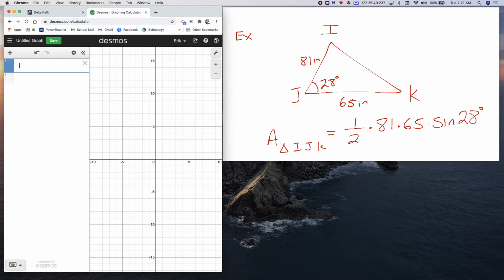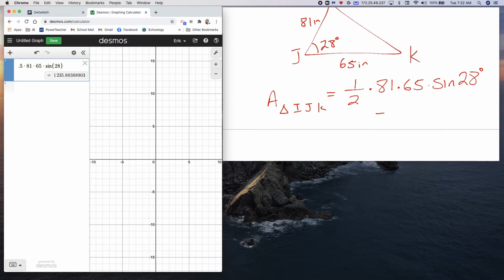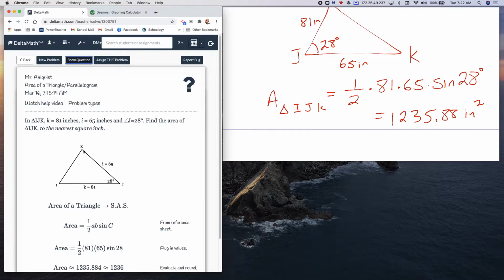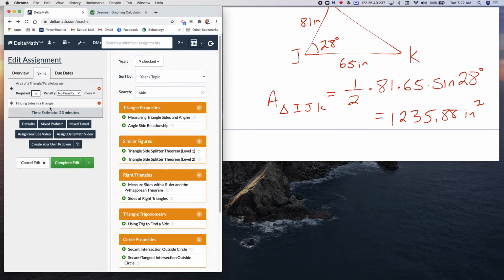And then you put in 0.5 times 81 times 65 times, and then you can just type in the sine of 28, and you come up with 1235.88, and that would actually be in inches squared because it's area. So the solution, and they got it right there. So that should be pretty straightforward for you. You should be able to do that.